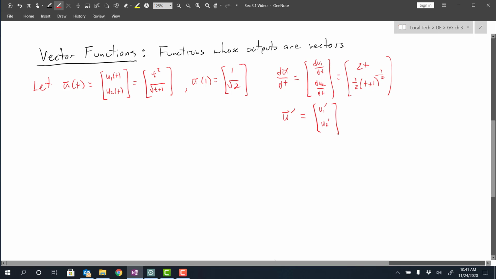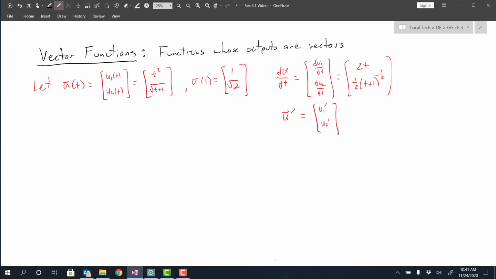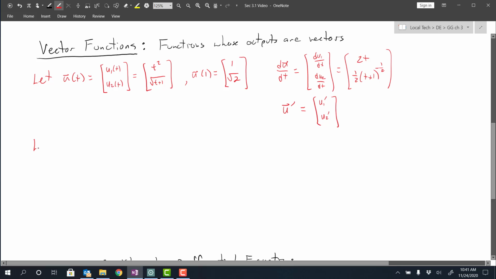Okay. But we could have other vector-valued functions that are functions of more than one input. For instance, I could let f be a vector-valued function that takes inputs t and u1 and u2. Notice that doesn't necessarily mean that these are all independent variables. I still could write this notation even if u1 and u2 were possibly functions of t.